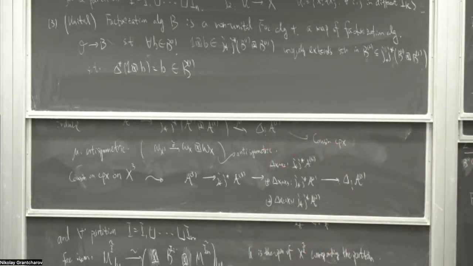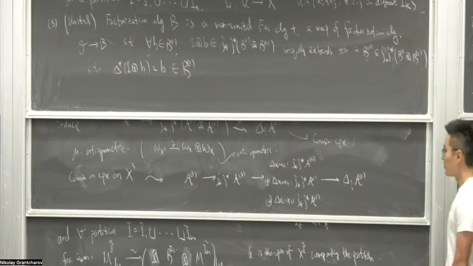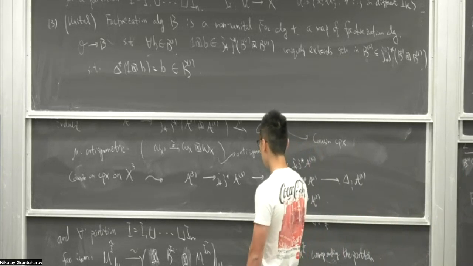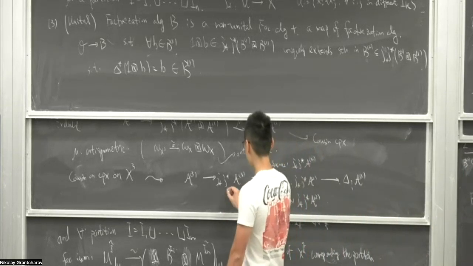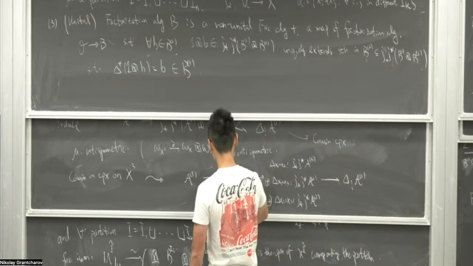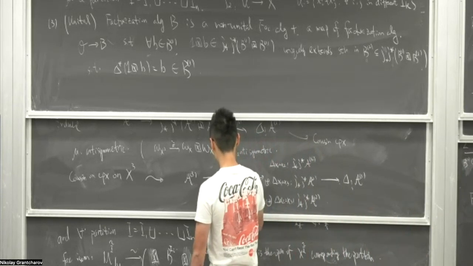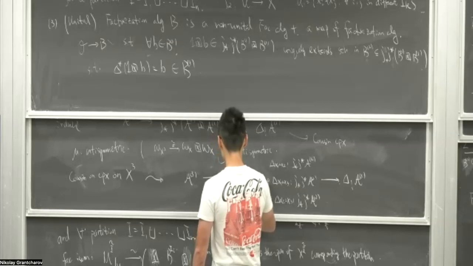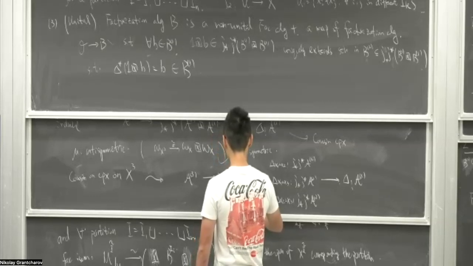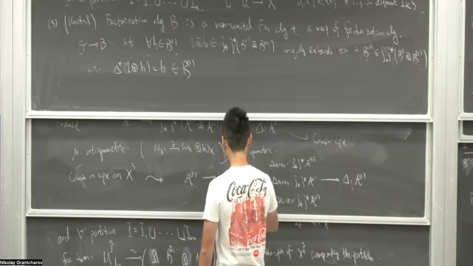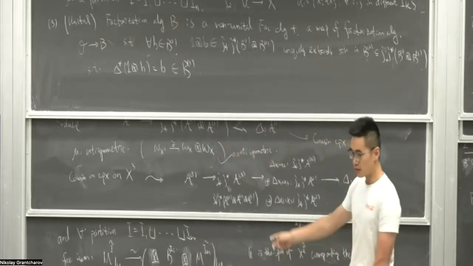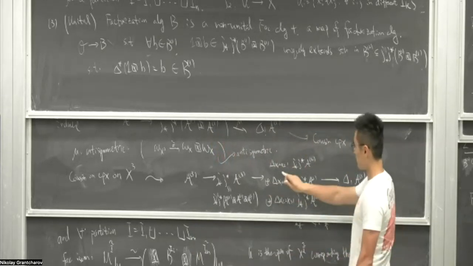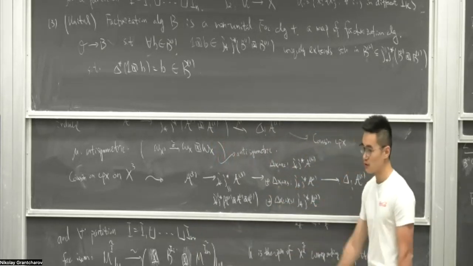Okay. And in fact, if you look at the definition, you will see that this guy is basically the box tensor. So if we start with a local section here, you have three ways to get to here: going to here, going to here, and going to here.